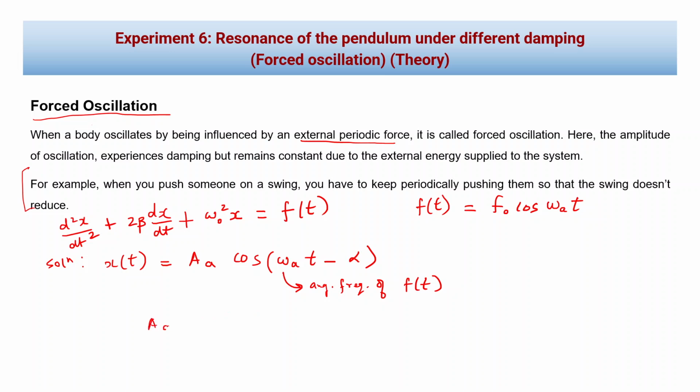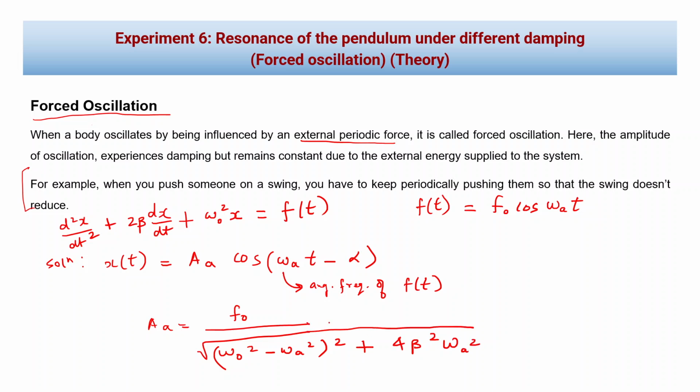Here the expression for amplitude will be given by the maximum force divided by omega naught square minus omega a square, this whole square, plus 4 beta square omega a square. This you will get after solving. You don't need to do it here for our experiment. This whole thing is under the positive root, and on the numerator we have f naught.